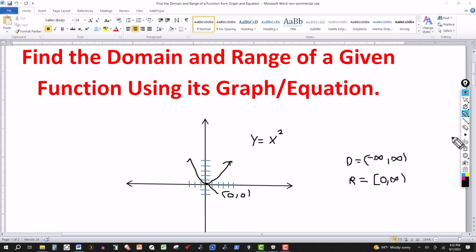Now sometimes they'll give you a graph, and maybe they'll give you an open circle right here, right at the origin. Let's say they had an open circle. That means that point is not included. So that means the point 0, 0 is excluded from the graph. So in this case, you don't include the 0 for the range, and you would also exclude the 0 for the domain, because 0, 0 is excluded.